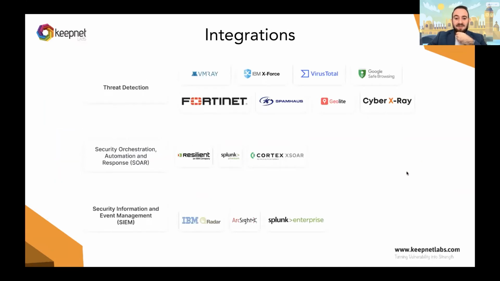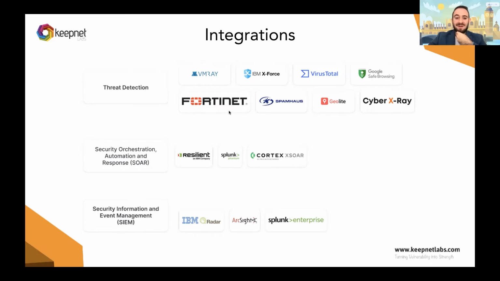I'm going to quickly skip this. So in order to empower detection and response capability, Keepnet has 100+ integrations with third-party solutions, but mostly on the detection side, we have integration with 40 sandboxes, Spamhaus, Google Safe Browsing, VirusTotal, and many others.